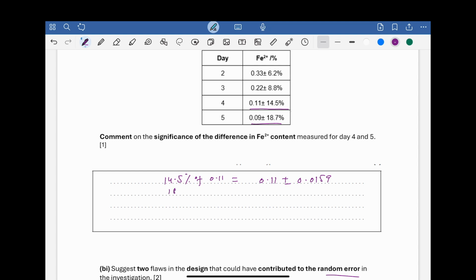And for day 5, 18.7% of 0.09 gives 0.09 plus minus 0.0168. So this is almost 0.016 and this is almost 0.017.